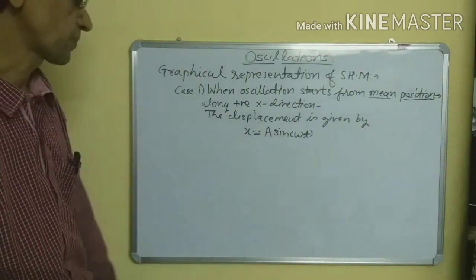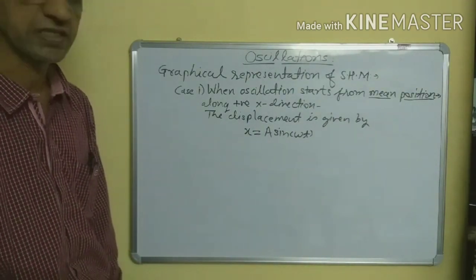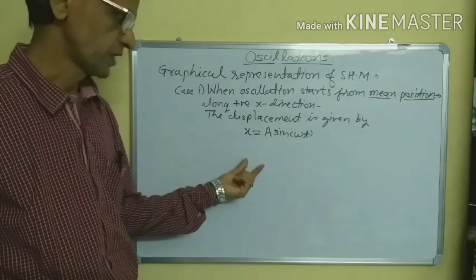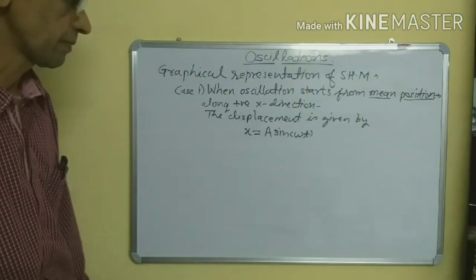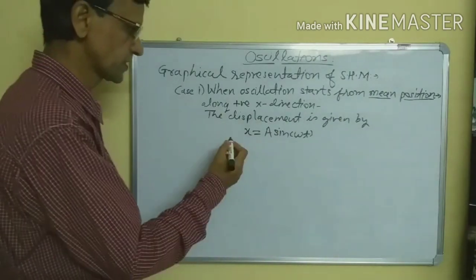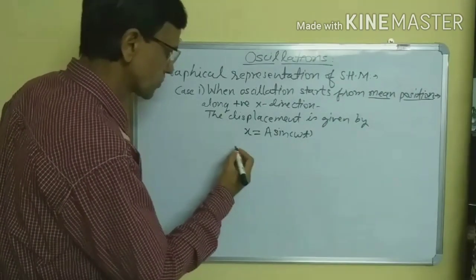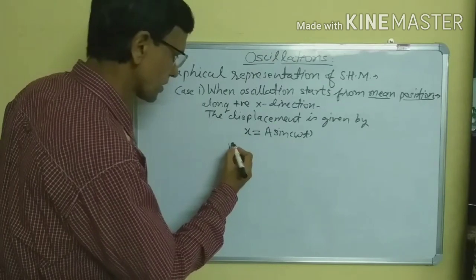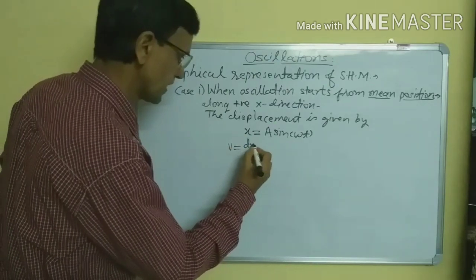By using this expression we can find out the velocity and the acceleration of the particle by taking the derivative of displacement with respect to time. Velocity v is the derivative dx by dt.